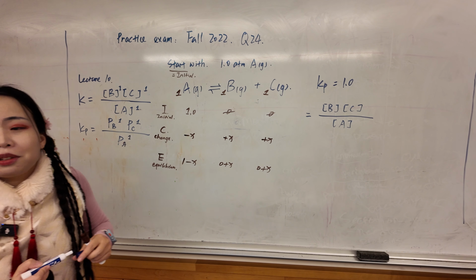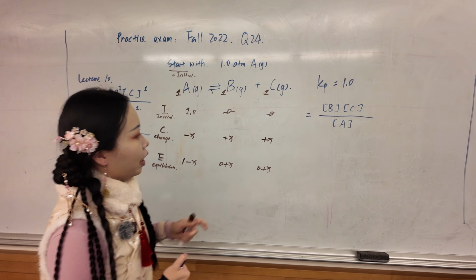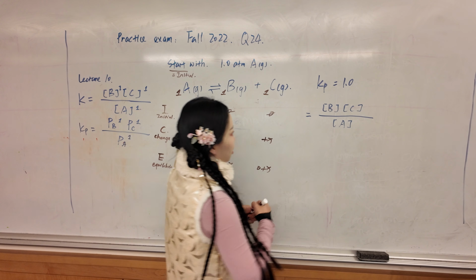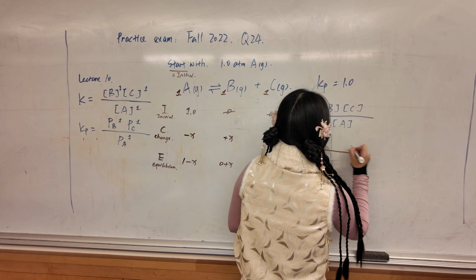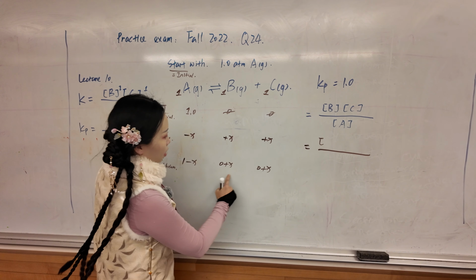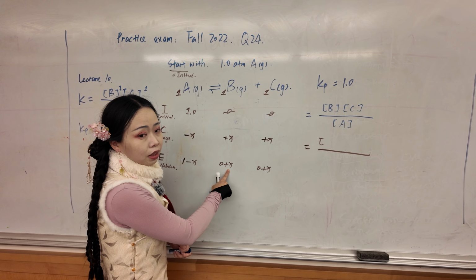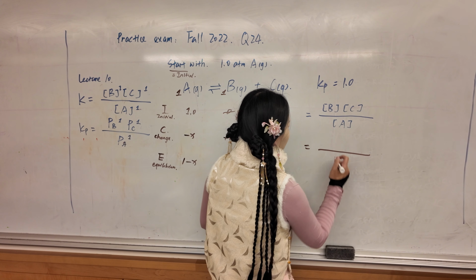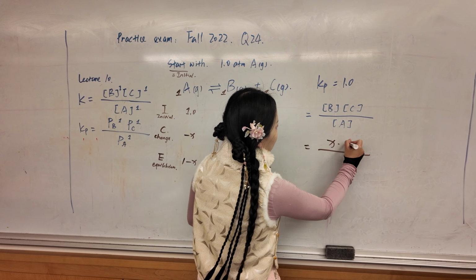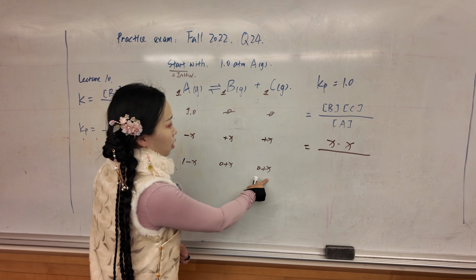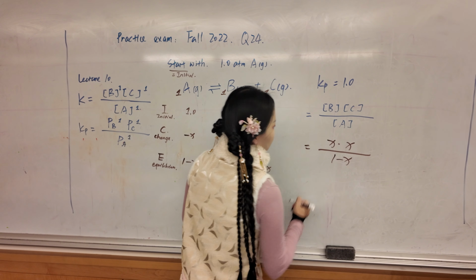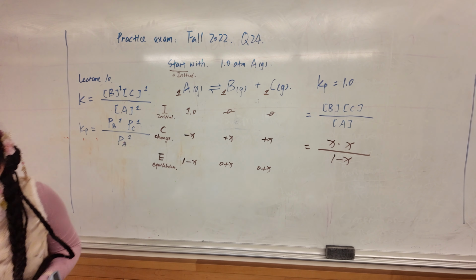Now we'll plug in when it is equilibrium. So B is x, C is also x, and A is 1 minus x. Make sense?